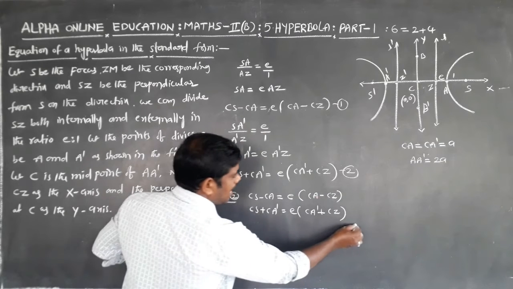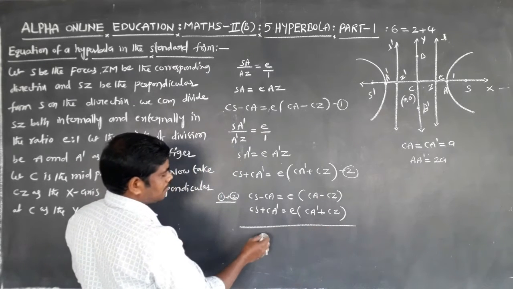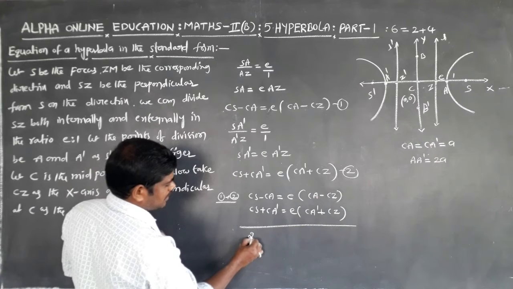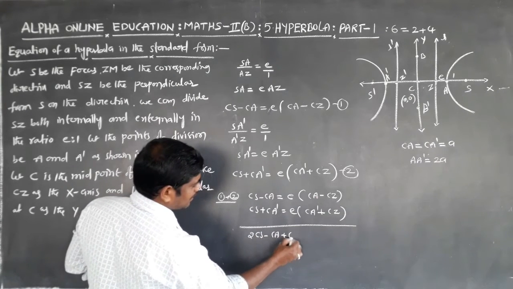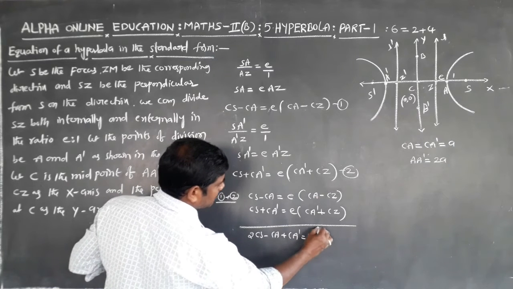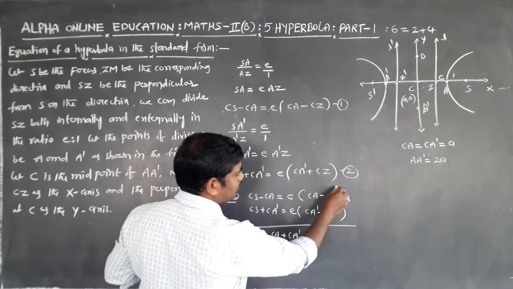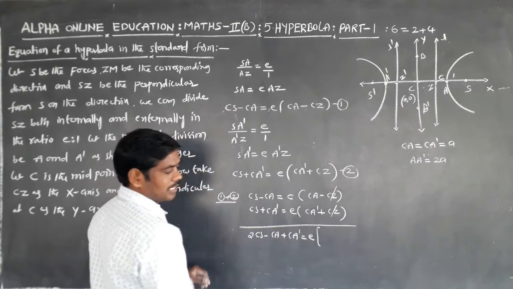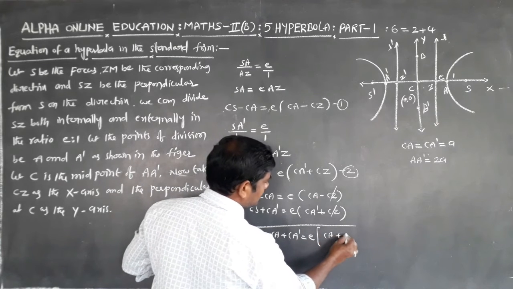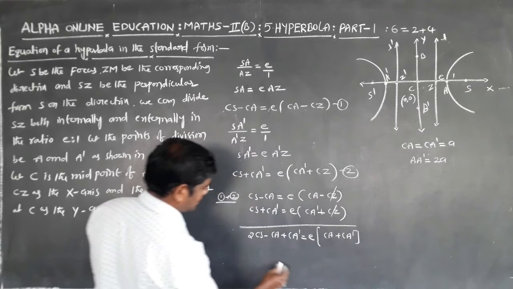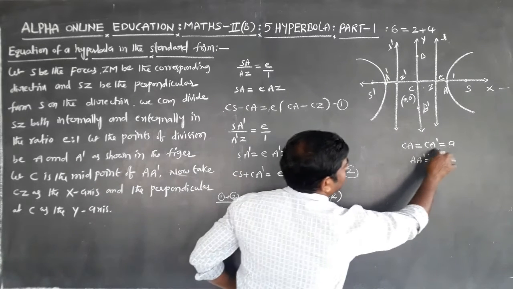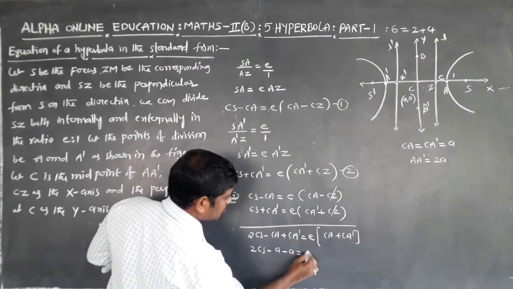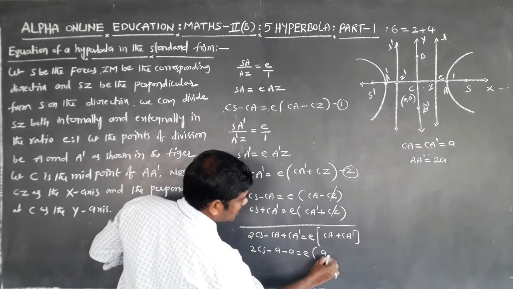Adding both, we get 2CS minus CA plus CA dash equal to e times; CZ cancels. CA plus CA dash, with CA equal to a and CA dash equal to a, gives e into a plus a.